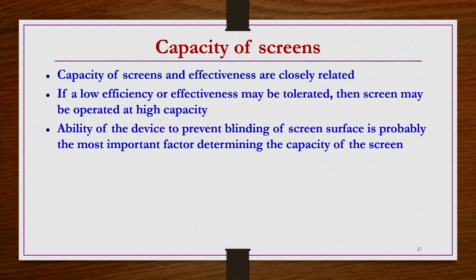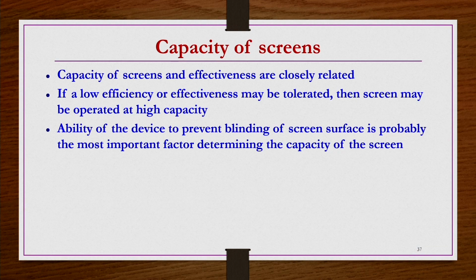In general, blinding is a very important problem that one comes across in screening. Sometimes the screen openings may be blocked by particles of larger size or something like that. So, the effective area available for the passing of the material is reduced.